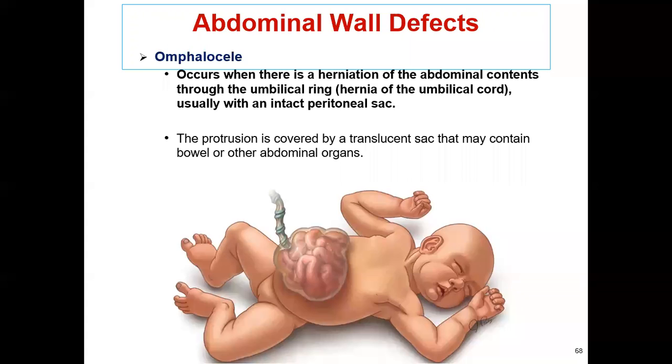So the basic pathology for omphalocele is an umbilical ring defect with herniation of abdominal organs covered with peritoneum, like this picture. The protrusion is covered by a translucent sac that may contain bowel or other abdominal organs.